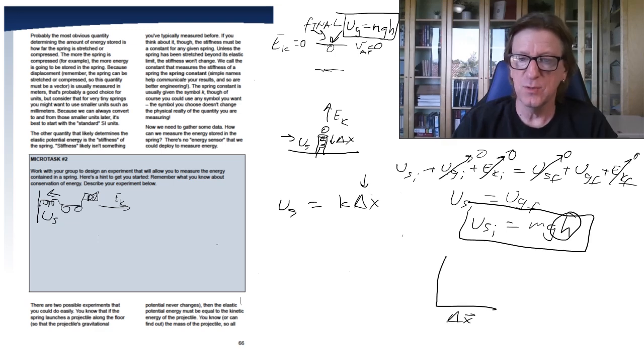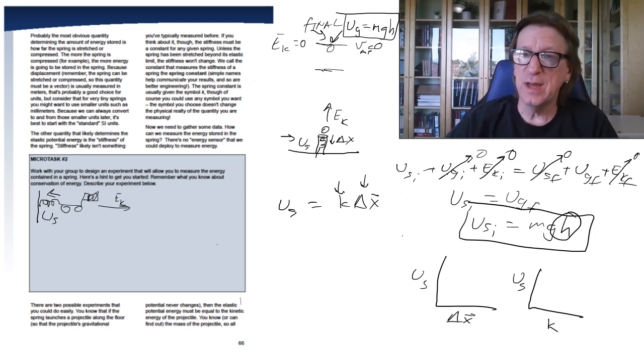That should be a vector, of course. And I'm going to get some data this way. Another experiment I'm going to have to do is to keep the same compression and try a bunch of different springs so that I can figure out how that stored potential energy is related to K.